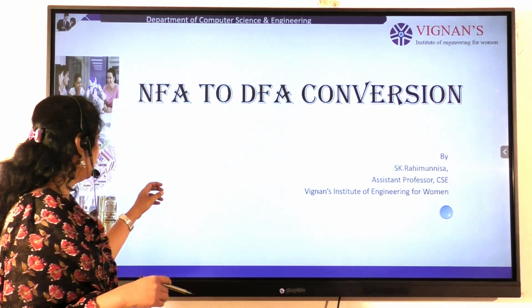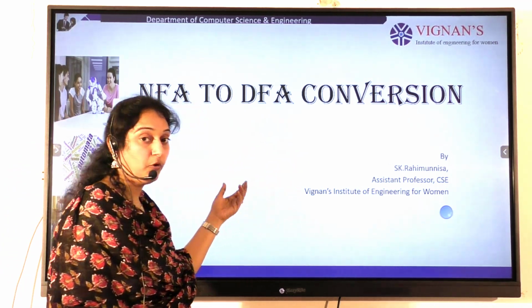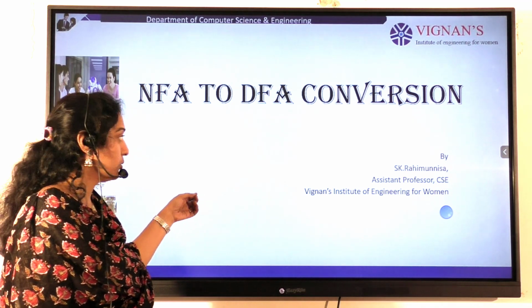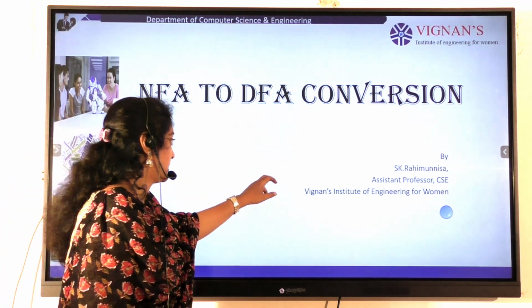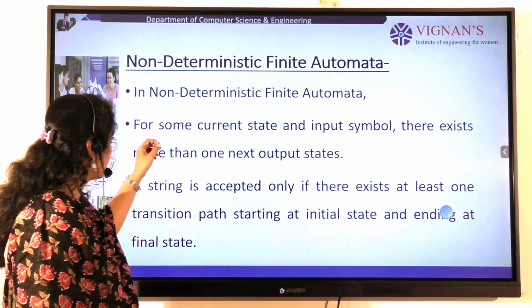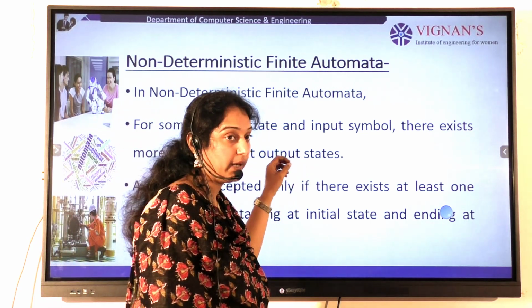Today in this session we are going to discuss NFA to DFA conversion. Before knowing the NFA to DFA conversion procedure, let us know what an NFA is first. In non-deterministic finite automata, a state, by reading an input symbol, may reach more than one state.